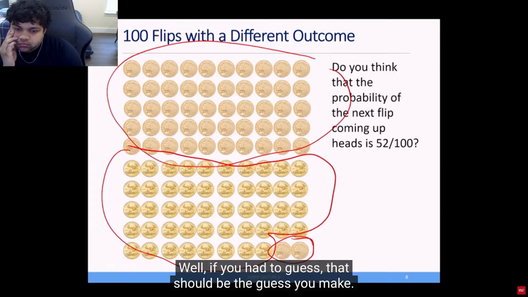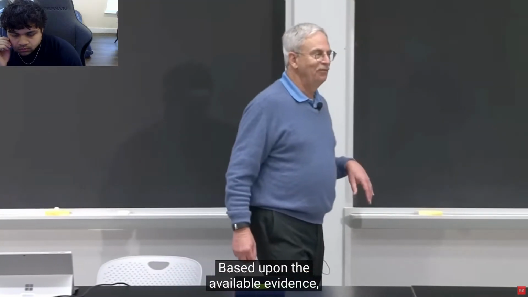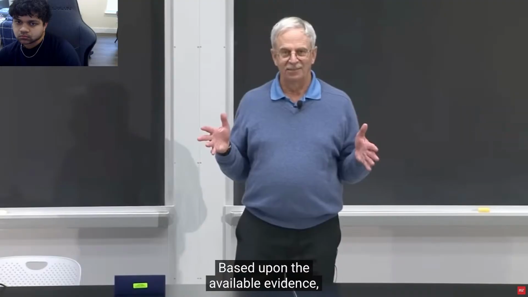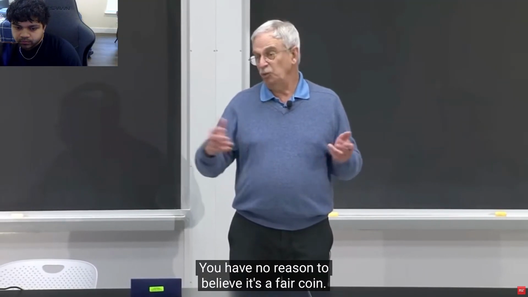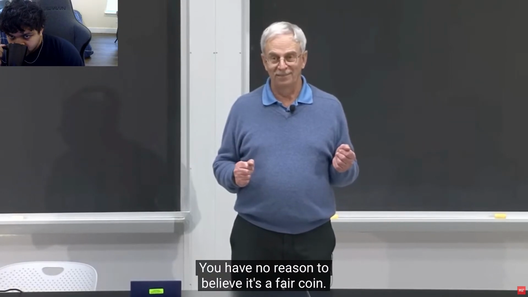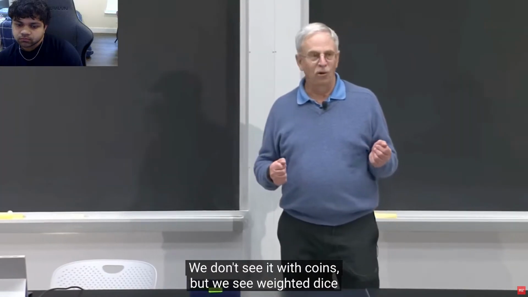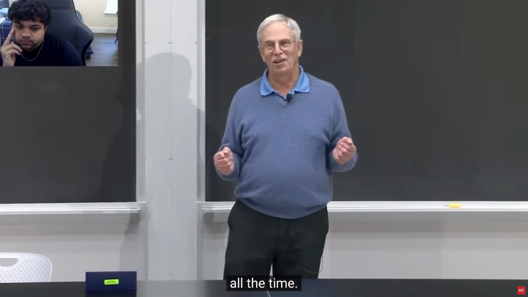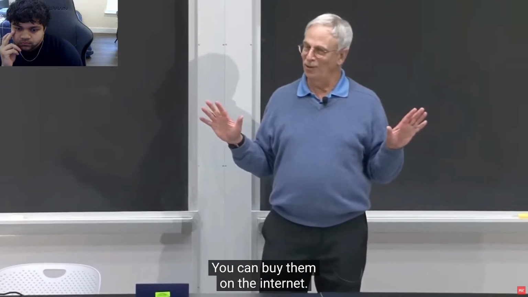Well, if you had to guess, that should be the guess you make. Based upon the available evidence, that's the best guess you should probably make. Because you have no reason to believe it's a fair coin. It could well be weighted. You know, we don't see it with coins, but we see weighted dice all the time. Or we shouldn't, but they exist. You can buy them on the internet.